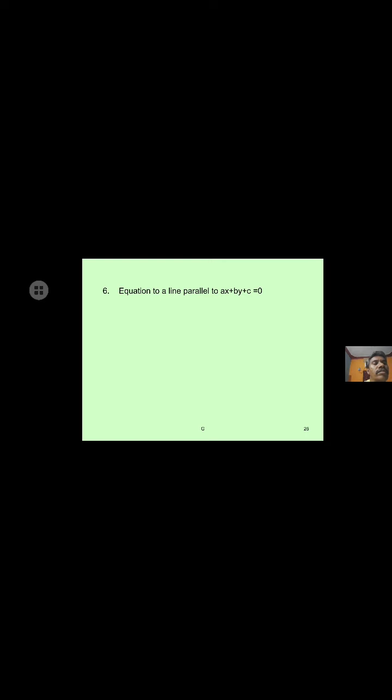We need not think about constants, but we have to observe that the x and y coefficients should be the same or proportionate to equation 1. For example, the first equation is, suppose, x plus y plus 3 equals 0. The second equation can be x plus y plus 7 equals 0, or 2x plus 2y plus 6 or 8 equals 0.